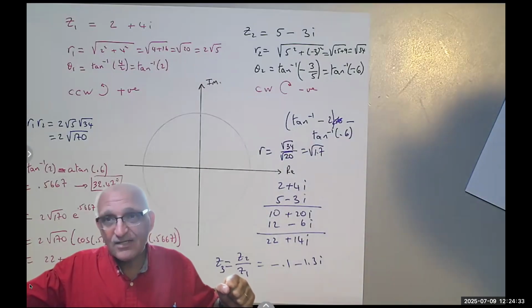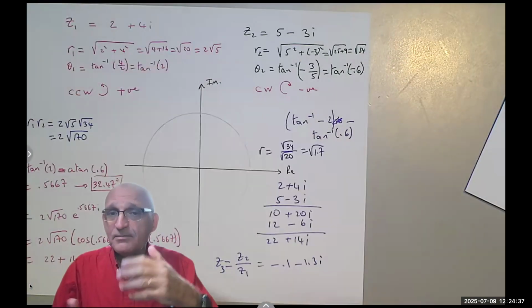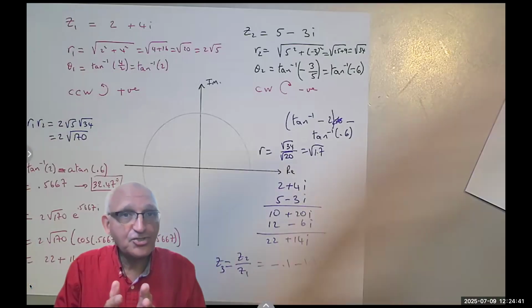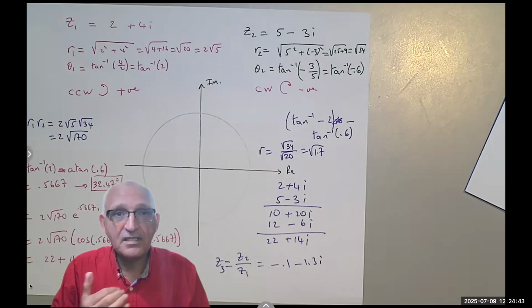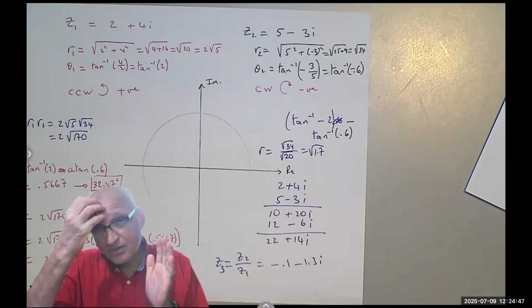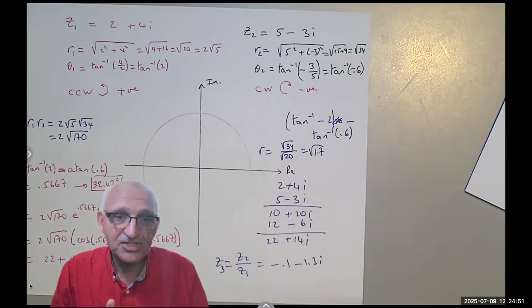If it's less than one, you are shrinking it. If you are dividing by a complex number whose magnitude is more than one, you are shrinking. If you are dividing by a complex number that has a magnitude less than one, you are extending or stretching.